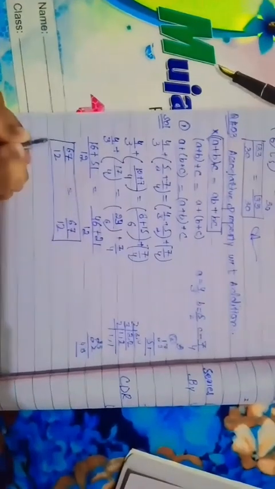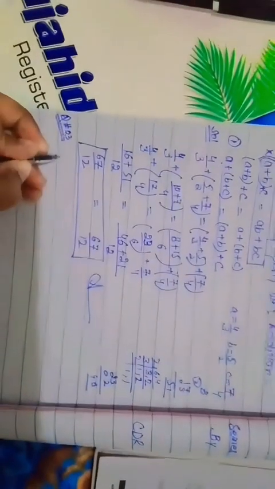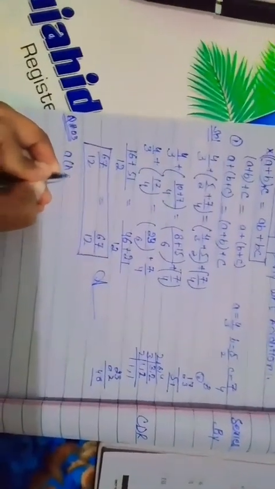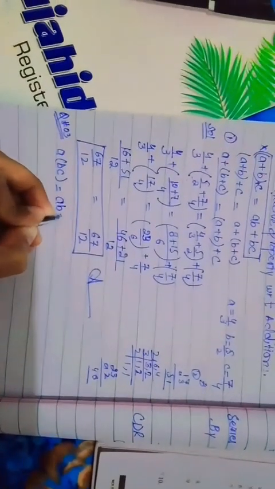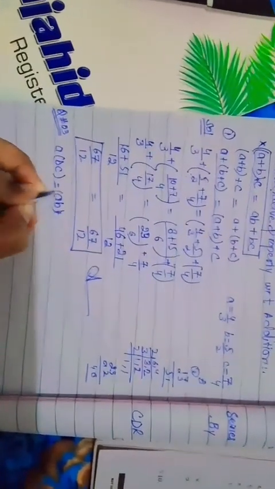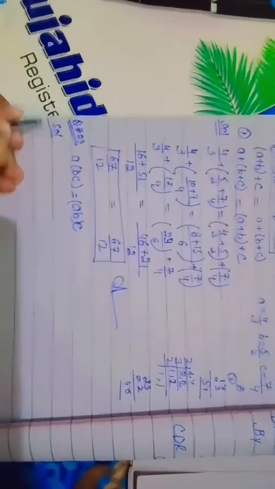It's proved. We'll discuss its second point, which is associative property with respect to multiplication. So a dot (b dot c) is equal to (a dot b) dot c. So we will solve it.